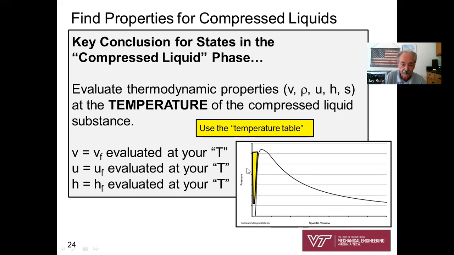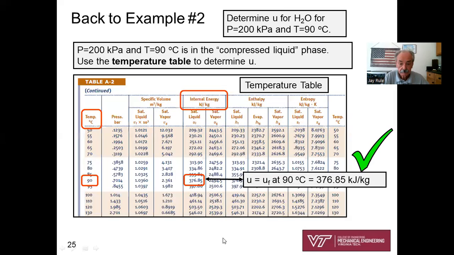Evaluate thermodynamic properties, specific volume, density, internal energy, enthalpy, and S, at the temperature of the compressed liquid substance. So I've written it out again: U is equal to U_F evaluated at your temperature.